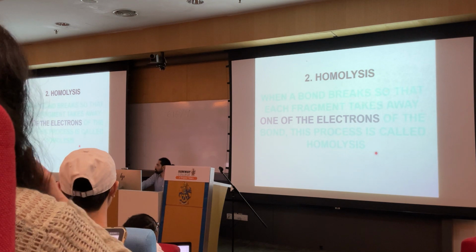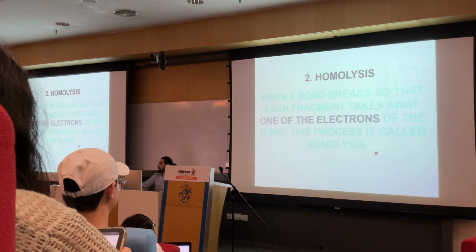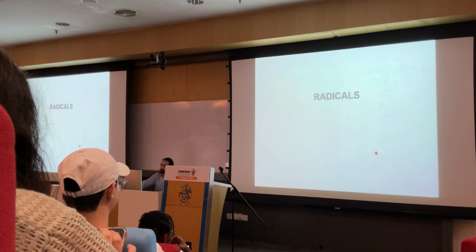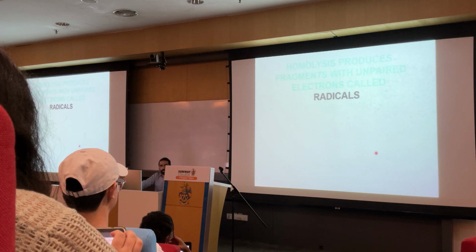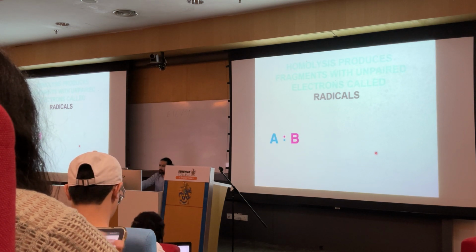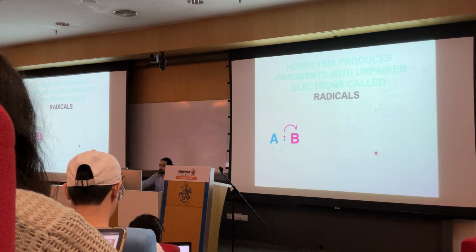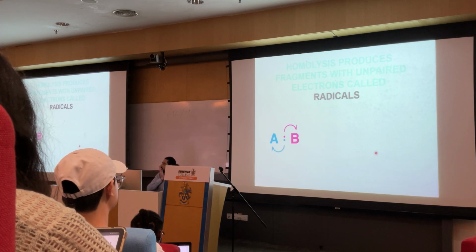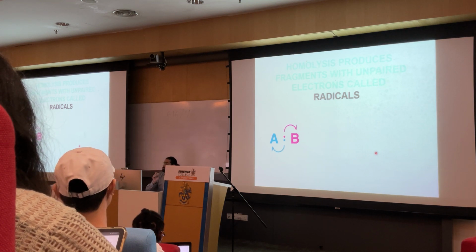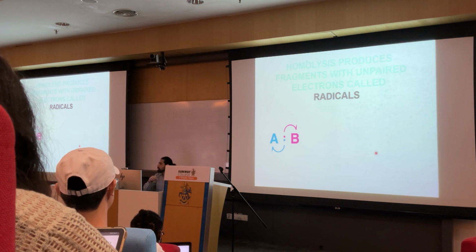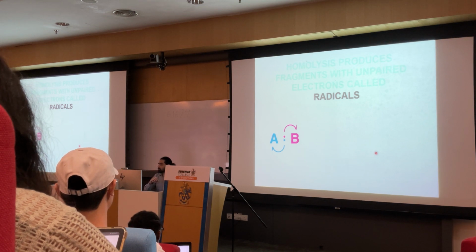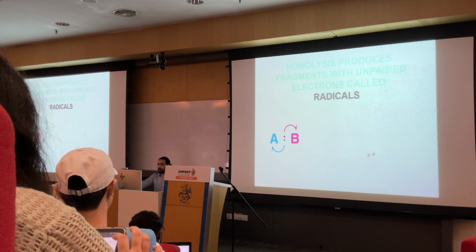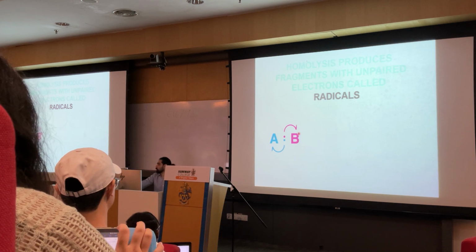In homolysis, we don't have this clear segregation of ions. Instead we get radicals, free radicals. And you could also observe the change in arrows. For free radical formation or homolysis, we make these fishhook arrows.